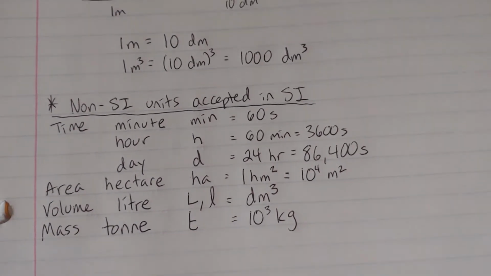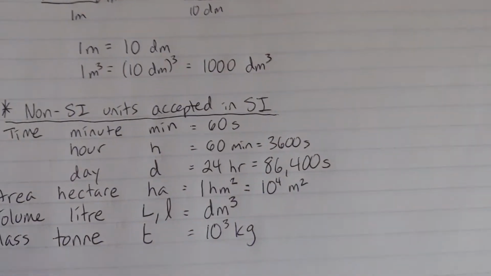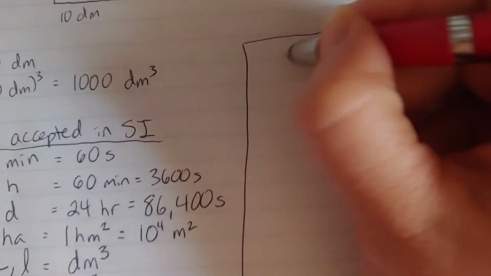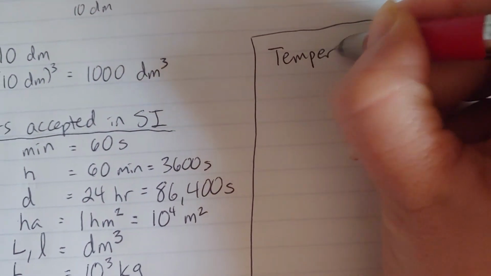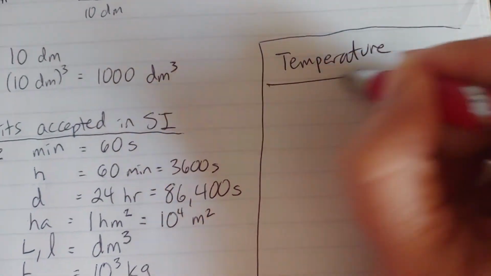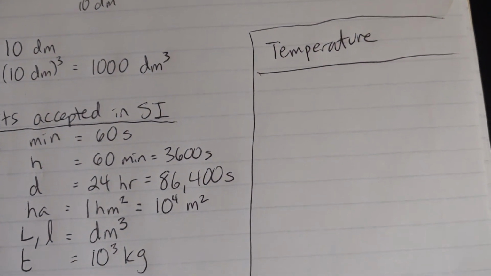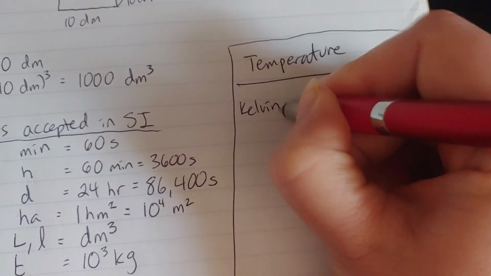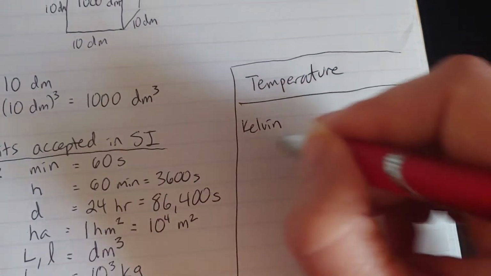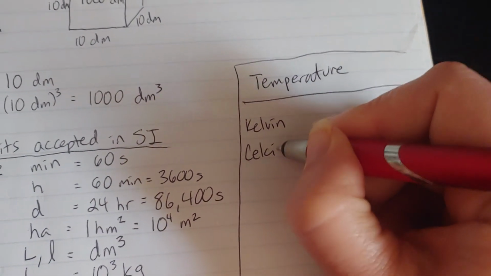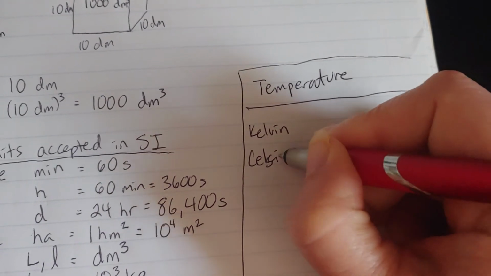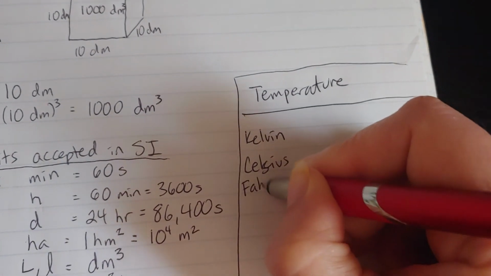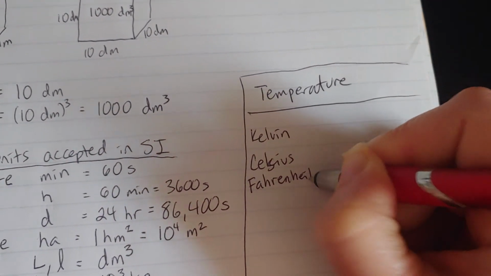All right. We also do have 3 temperature scales. Don't want to start a whole new page just for these, so I'm going to put them over here. So in addition to Kelvin, we have Celsius, that's an S, and Fahrenheit.